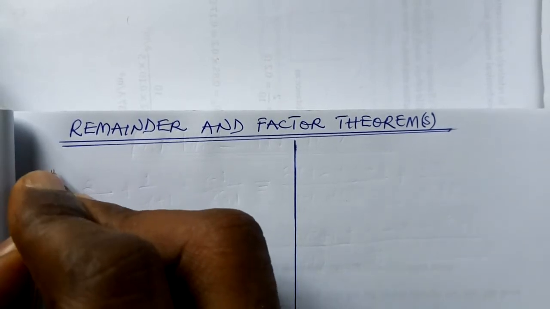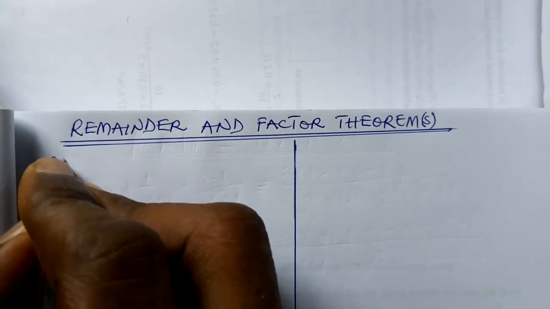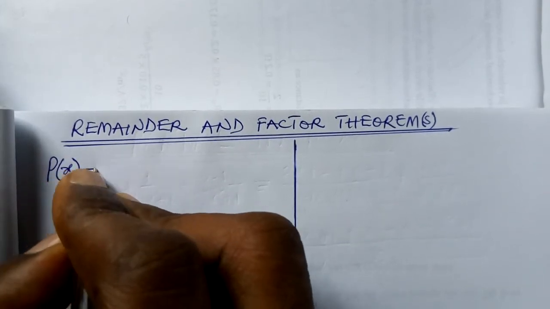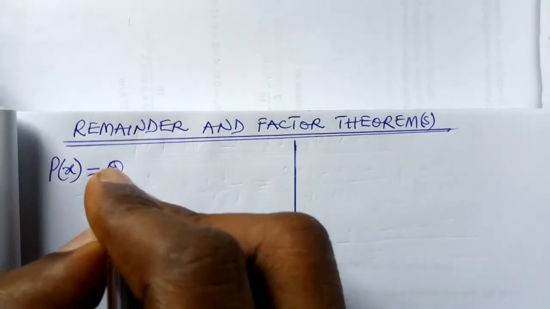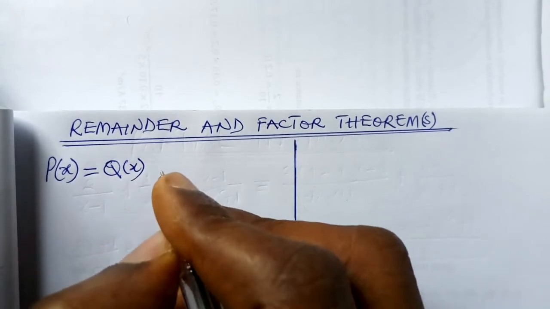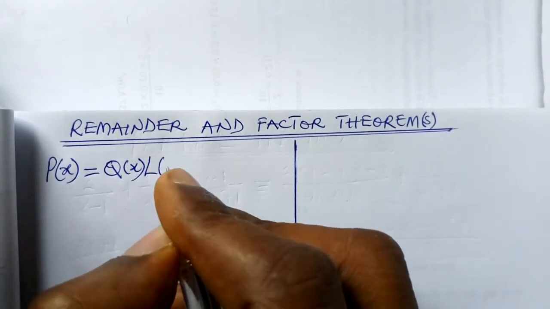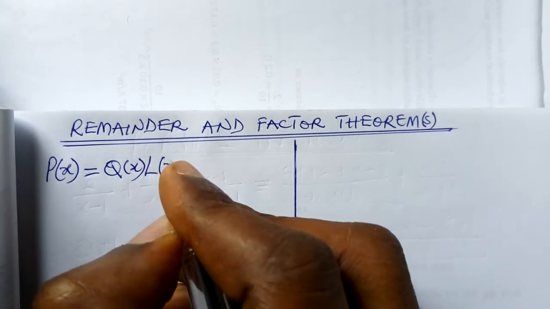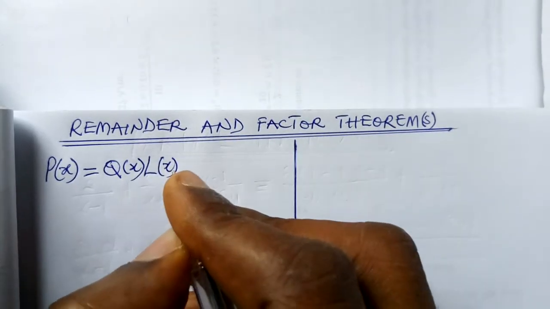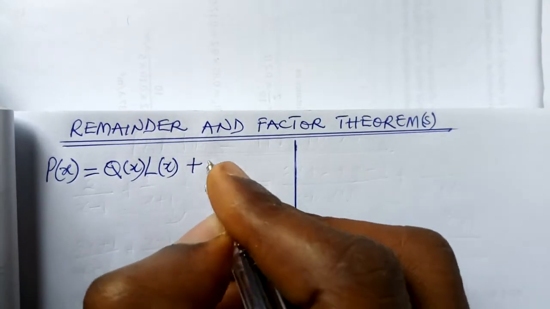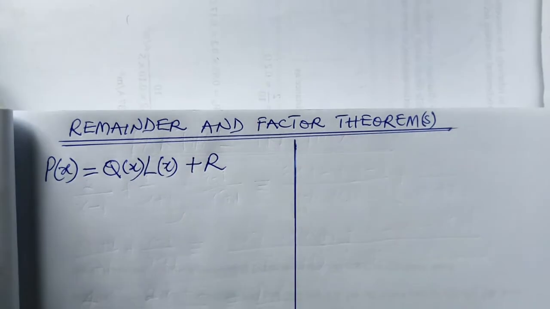So the formula for the remainder theorem is that for any polynomial p of x, we have a function q of x, which is called the quotient, times L of x, the linear divisor, plus the remainder.